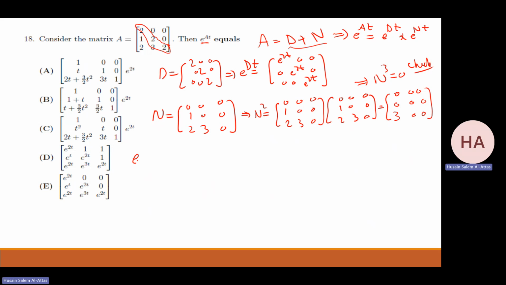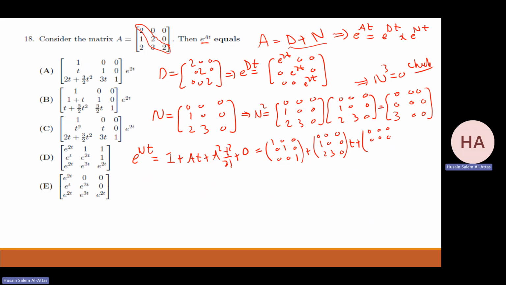So e to the power Nt will be I plus Nt plus N squared t squared over 2 factorial plus 0. That is the identity matrix 1, 0, 0, 0, 1, 0, 0, 0, 1 plus N, which is 0, 0, 0, 1, 0, 0, 2, 3, 0, times t, plus the matrix with only 3 in the bottom row, times t squared over 2, plus 0.